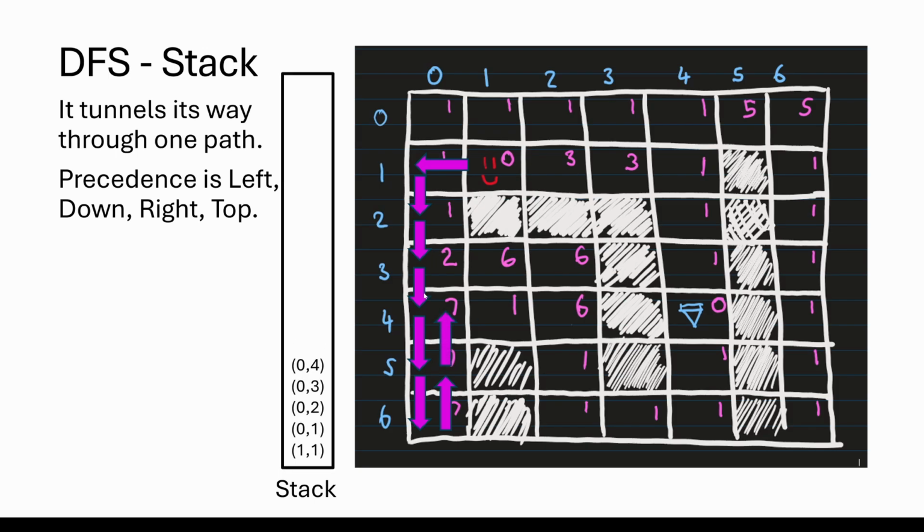Then on grid 0, 4, we can take this path on the right because we can't go left, and we can't go down because we just visited the down grid. Even if top was a high priority, we can't go up because we just visited the grid above. So we have to go right. And we just continue this pattern till we get to the diamond.